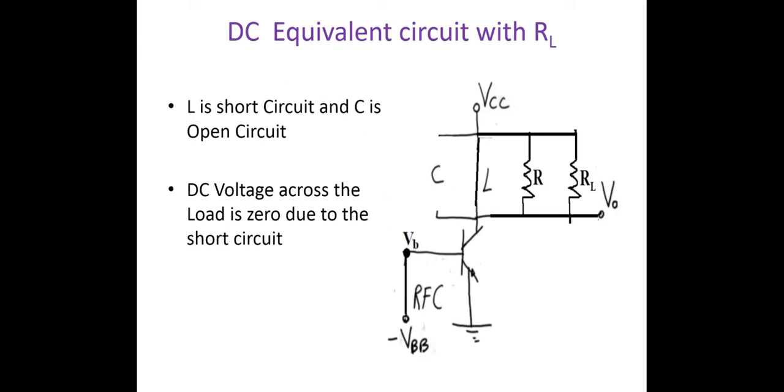So this is how the DC component of the IC is removed. The DC component of IC passes entirely through the inductor, which acts as short circuit for it.